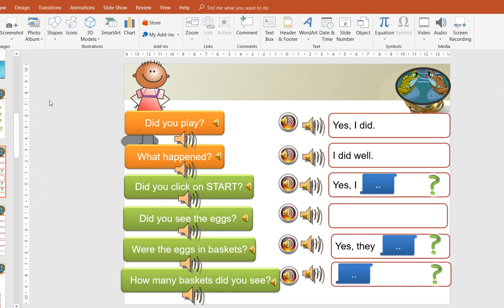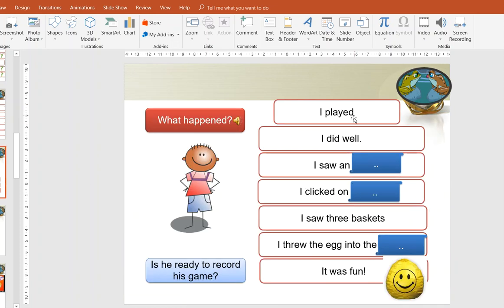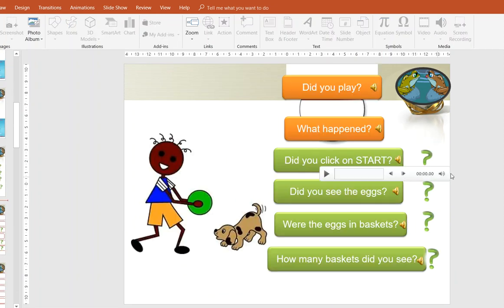Yes, I did. Then you can click on go back. Anyway, it will take you to a help file. So that's the idea with those question marks. The question mark takes you to a slide where it gives you a hint how to answer.